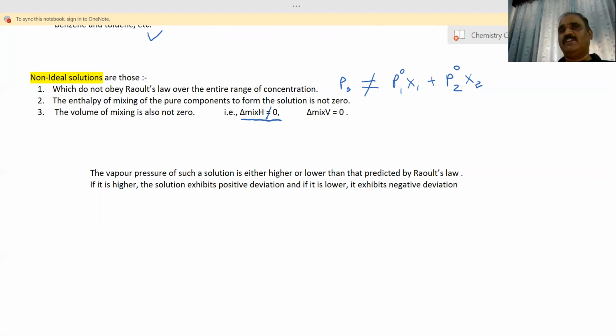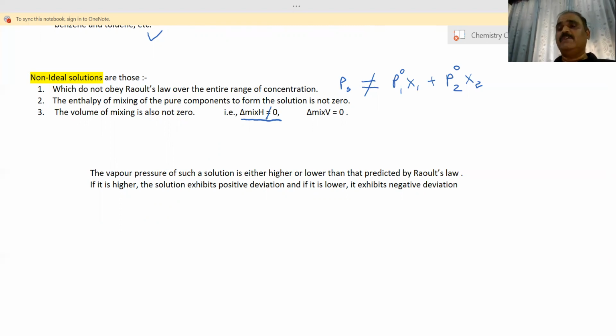For example, when we dissolve some sulfuric acid into water, you must have observed it in your laboratory that when we need dilute sulfuric acid, we take water in some beaker and put a little amount of sulfuric acid, and that beaker gets warm.